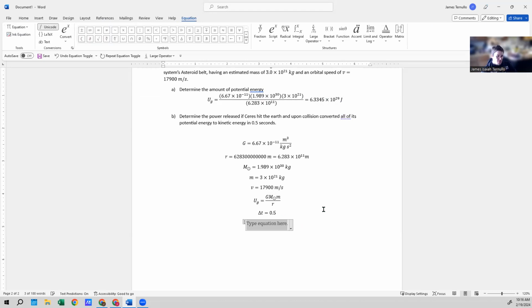So that would mean that it immediately has 6.3345 times 10 to the 29 joules. Sorry, I wrote down the wrong number at first.